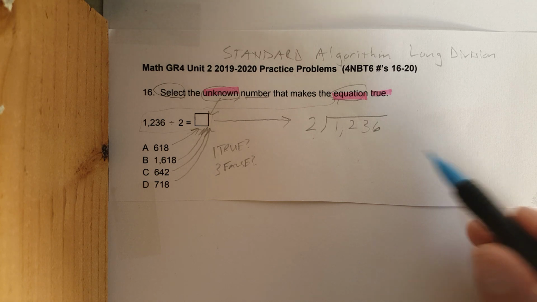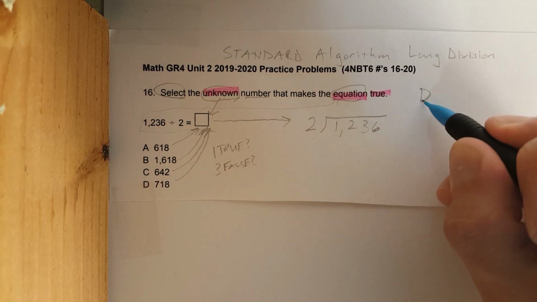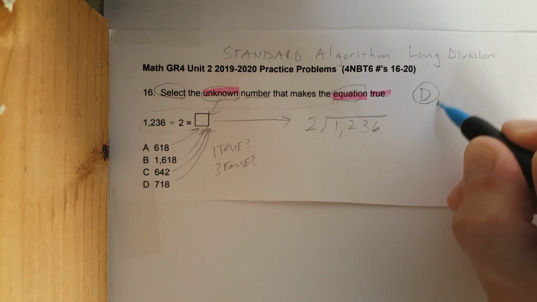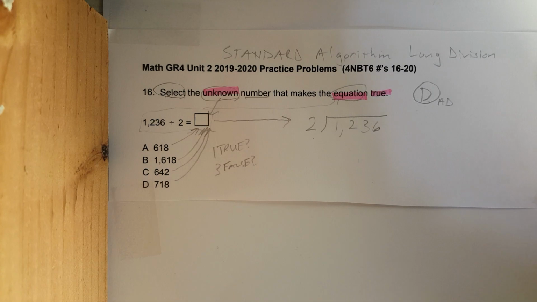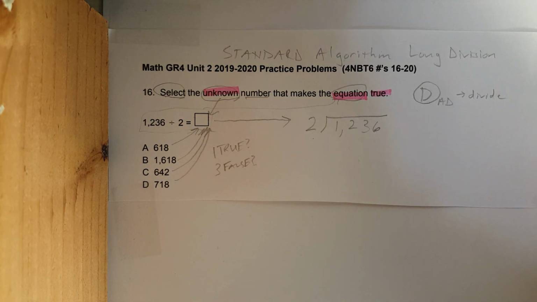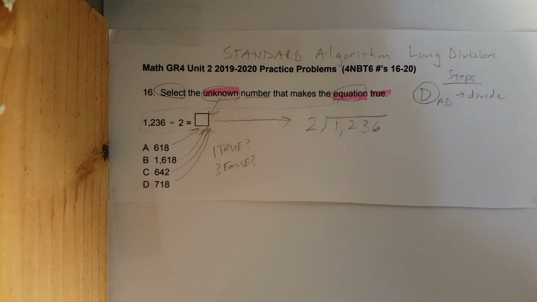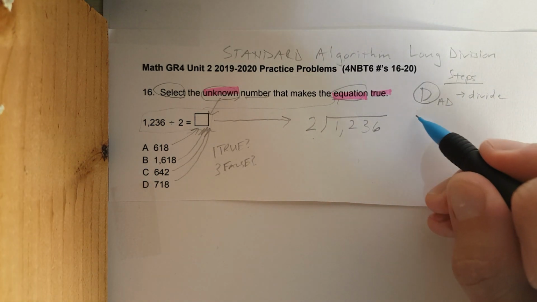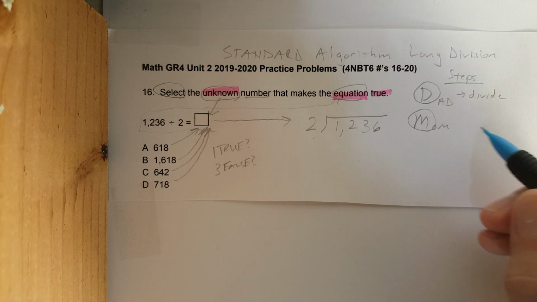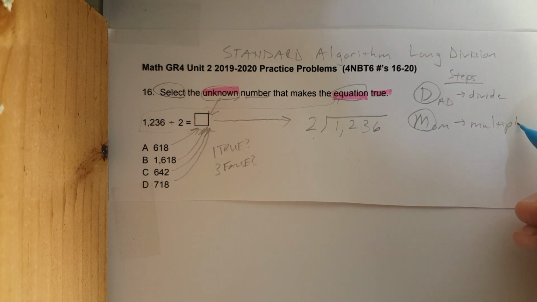Now, to help you solve this problem, we are going to use an acronym. This is just a way to help you remember the process or the steps. D stands for dad, which we are going to divide. So think of these as steps. The next step, think of mom; we are going to multiply.